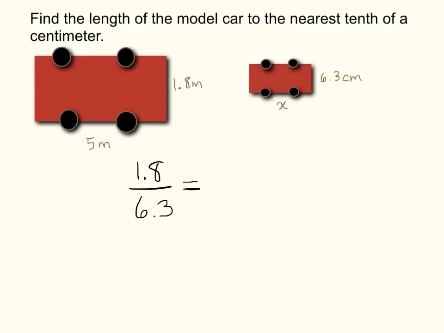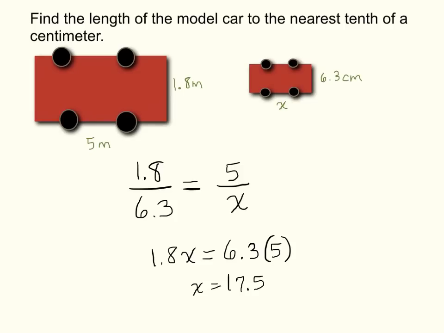That's going to be 5 over x. Now it's just a matter of cross multiplying. My math finds that x is going to be 17.5, which means my answer for x up here is 17.5 centimeters. And there we have it.